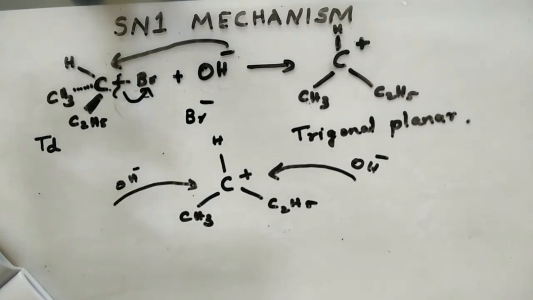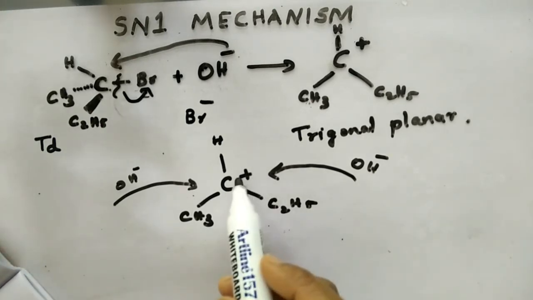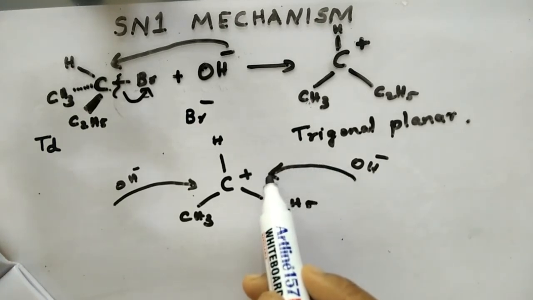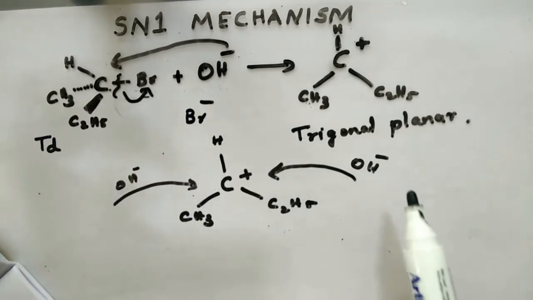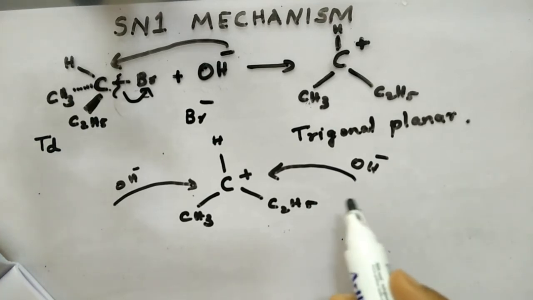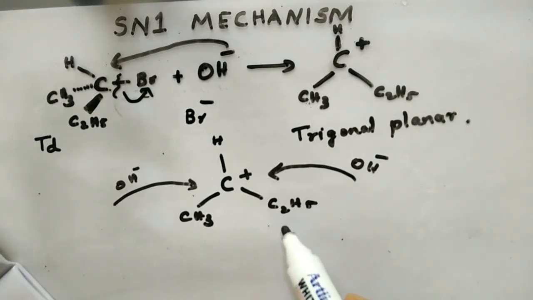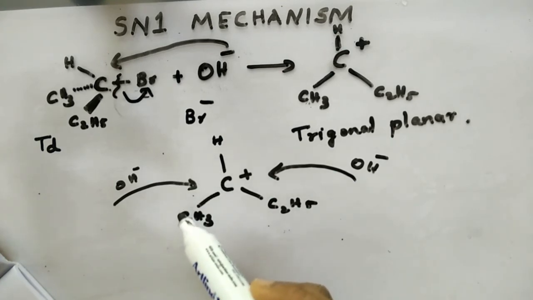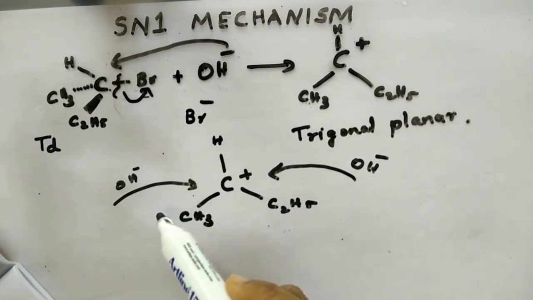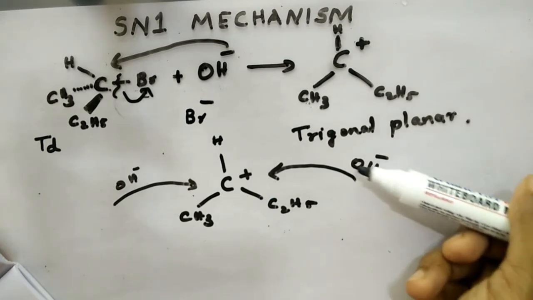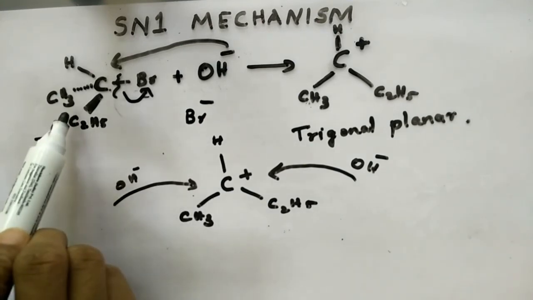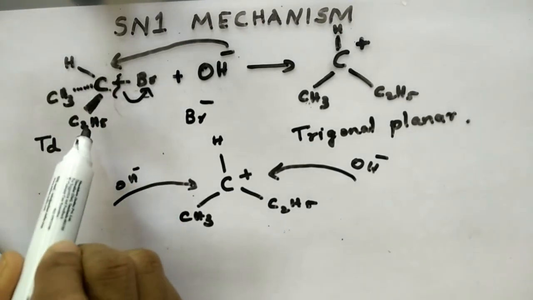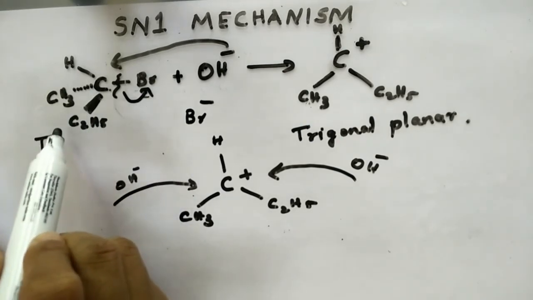Front side attack means attack through the same side as the halogen atom was there. So when it attacks through the front side, all the substituents that lie in the same plane move to the opposite side. That means when it attacks through this side, all these three substituents move to the opposite side, as in the original side.